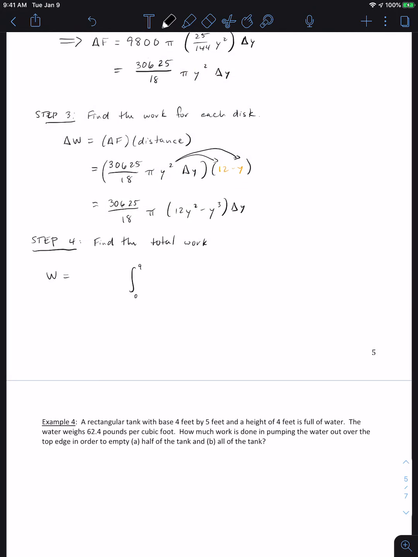And then now I fill out the rest, right? I get the 30625 over 18 pi because it's a constant. And now I get my 12y squared minus y cubed times my delta y, but that changes to a dy when I take the integral.